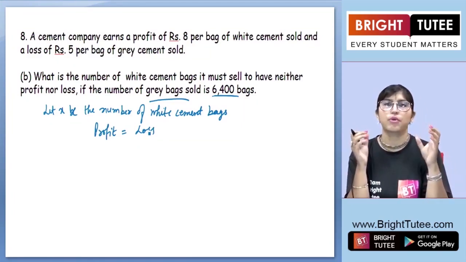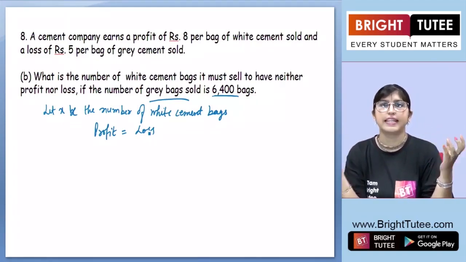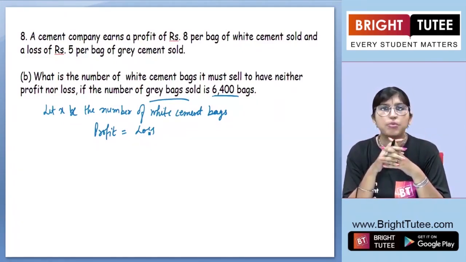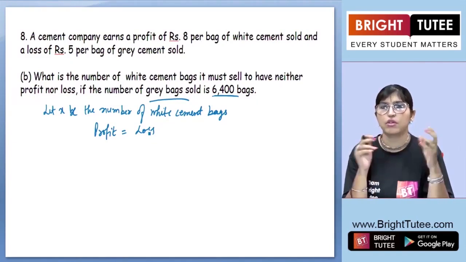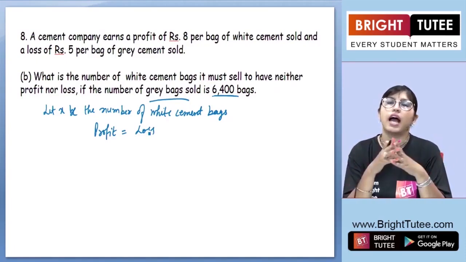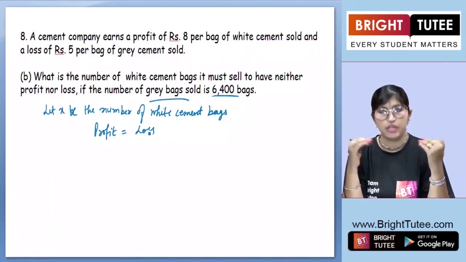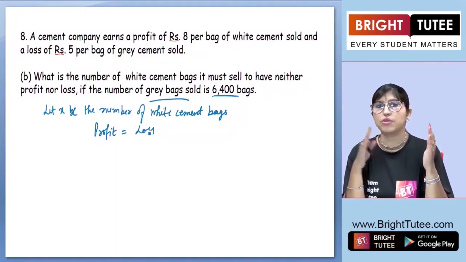If we got a profit of 100 rupees and a loss of 100 rupees, then after subtracting we get the final answer, which is 0. So here, profit is equal to loss.